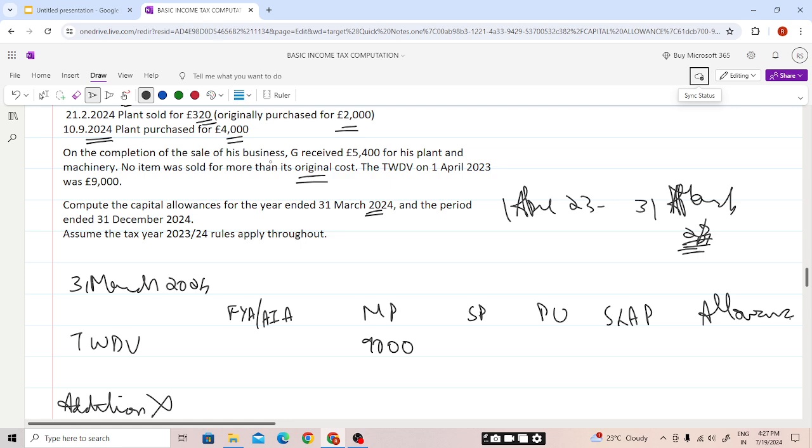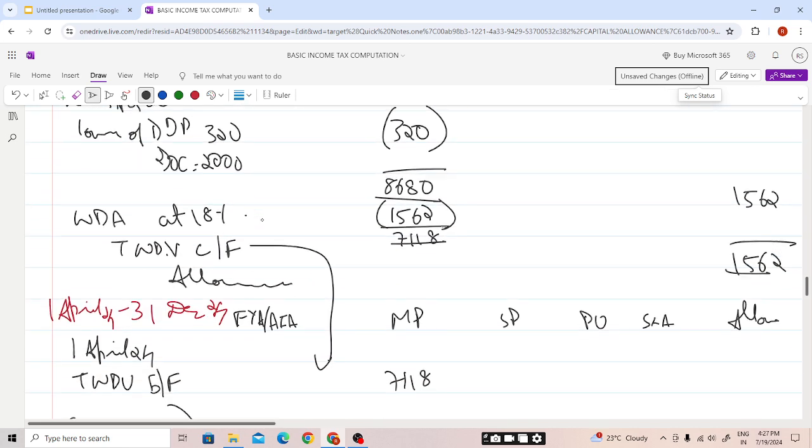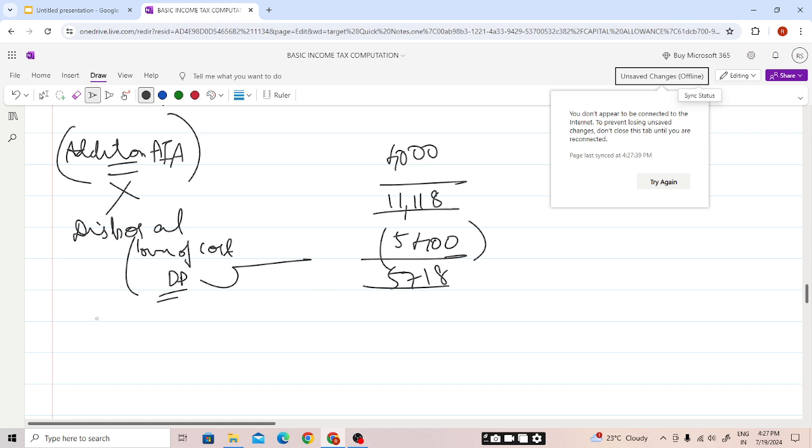On the completion of the sale of business, G received this. So this is on the sale of the business, so it will be a disposal, and the disposal proceeds cannot exceed the cost. So this will give rise to a figure of 5718, students. Can we claim WDA?